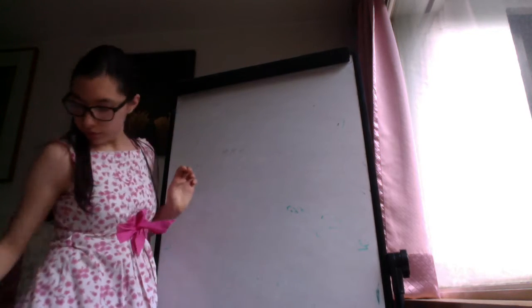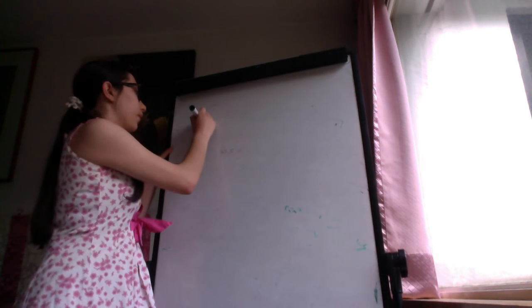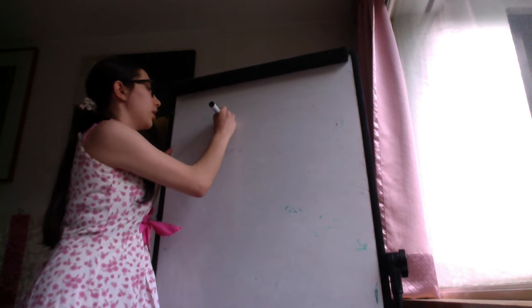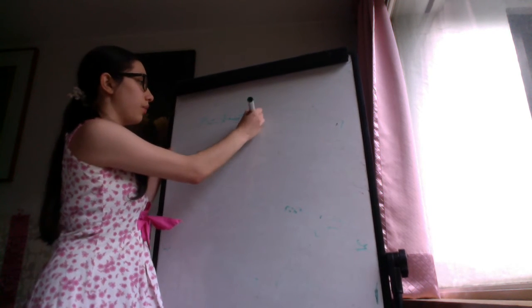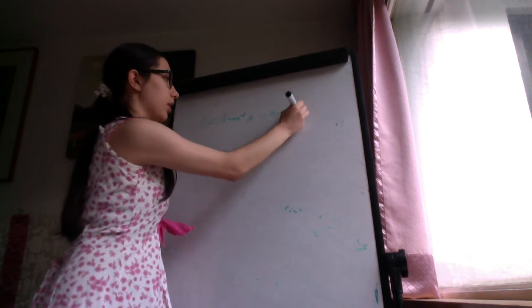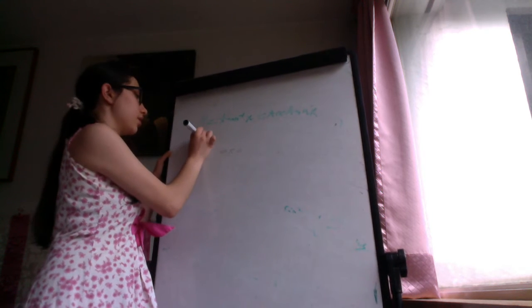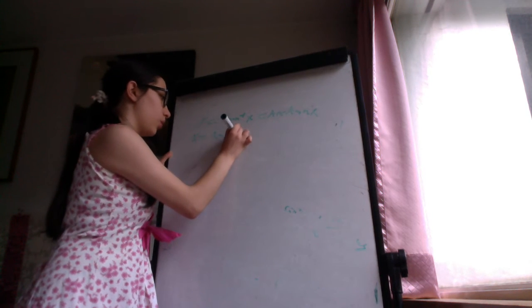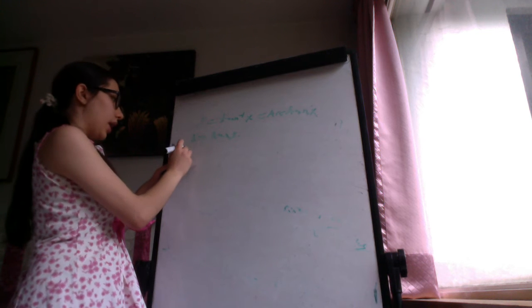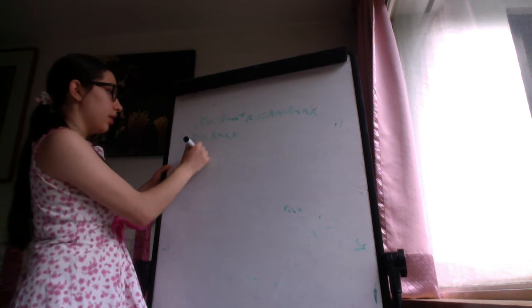So we have y equal to tangent to the minus 1 of x, or arc tangent x. So x is equal to tangent y. The derivative of x is 1.